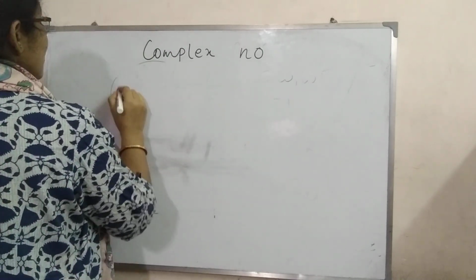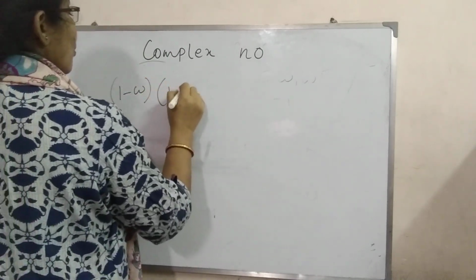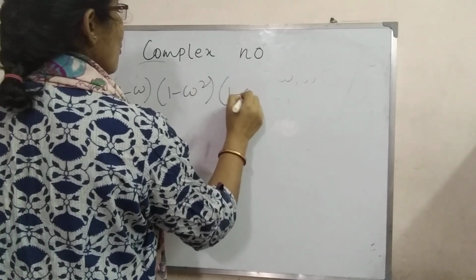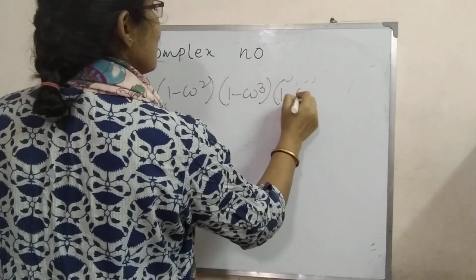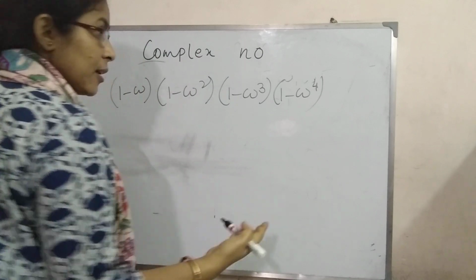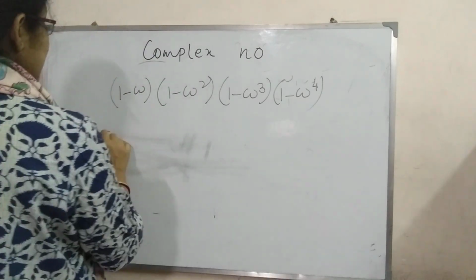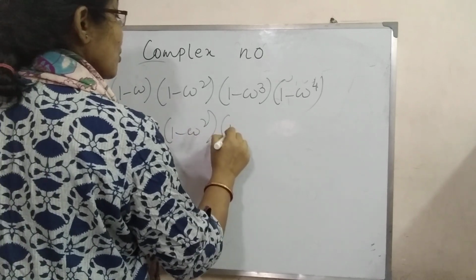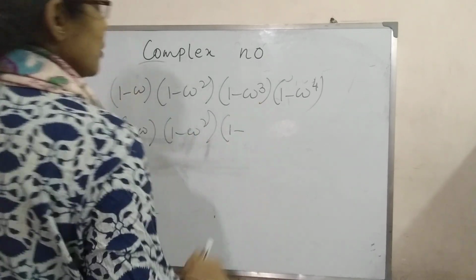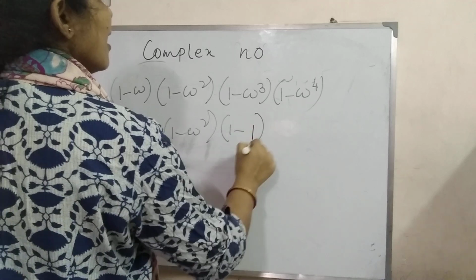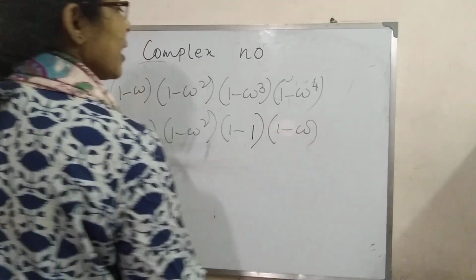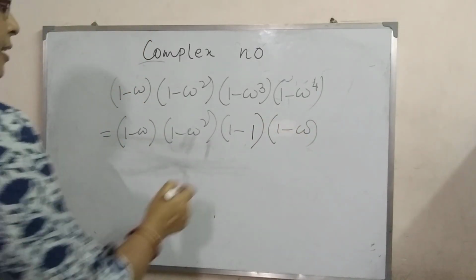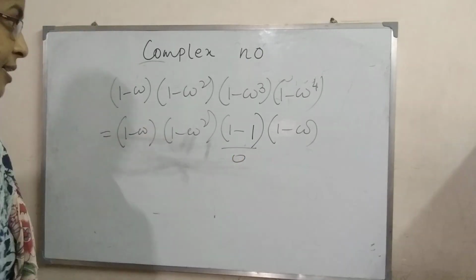If I have (1 minus omega)(1 minus omega square)(1 minus omega cube)(1 minus omega 4), find the value of that. This is 1 minus omega, this is 1 minus omega square, this is 1 minus omega cube, equal to 1 minus 1, that is 0. So the answer is 0.